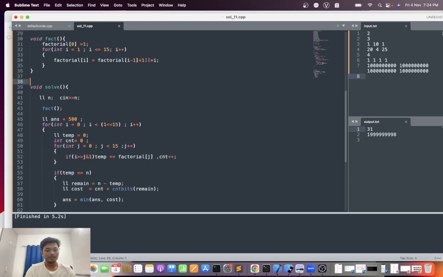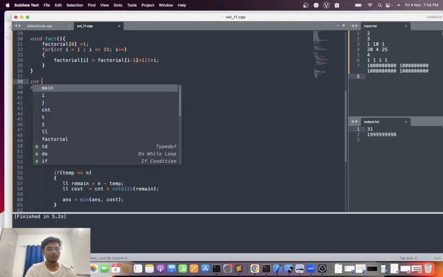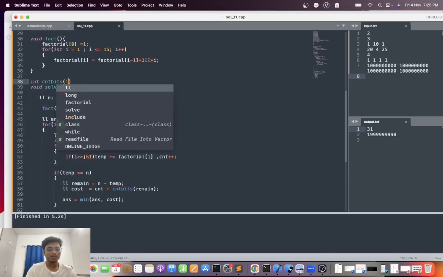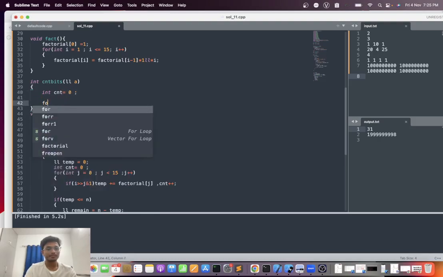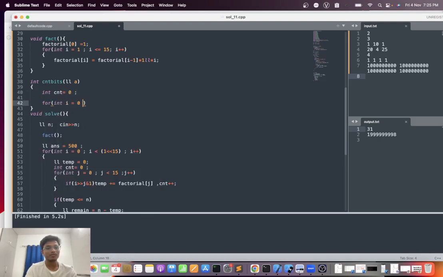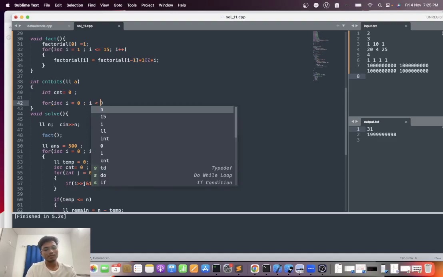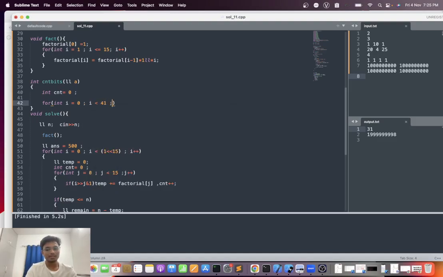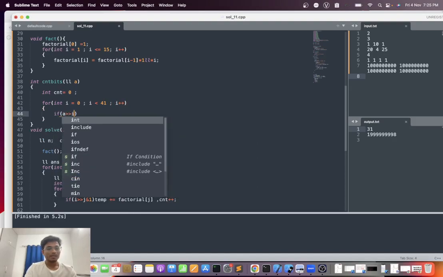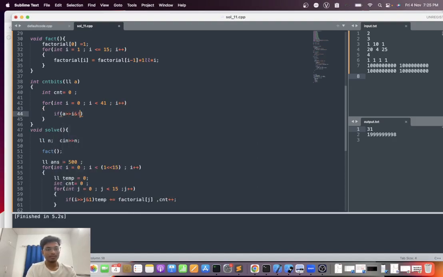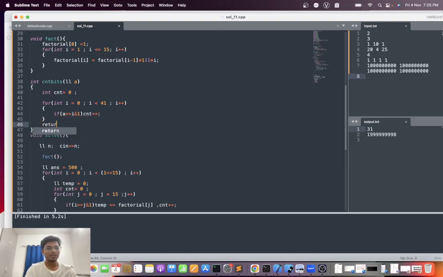I need to define a function that is countBits. I have long a. Now int count is equal to 0, for int i is equal to 0, i less than 41 or 40, something like that. If a shifted by i and 1 is set, I increase my count and return my count.